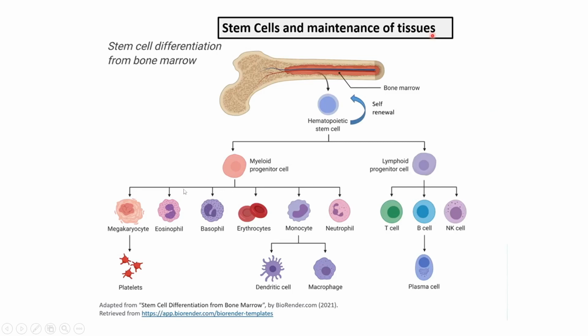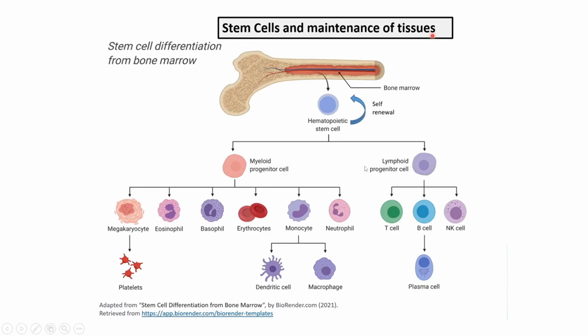The myeloid progenitor cells again will be differentiated into megakaryocytes, which will eventually form the platelets, eosinophils, basophils, erythrocytes, monocytes, and neutrophils. And these monocytes will be further differentiated into dendritic cells and macrophages, which are the immune cells.